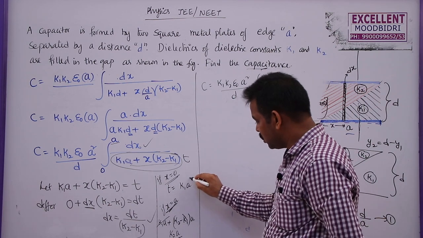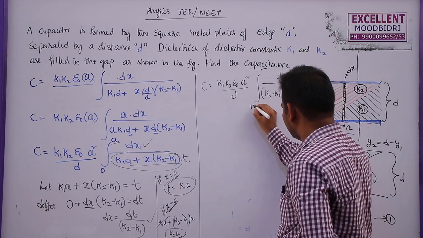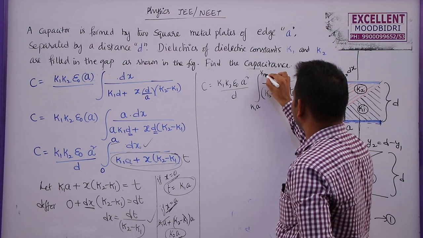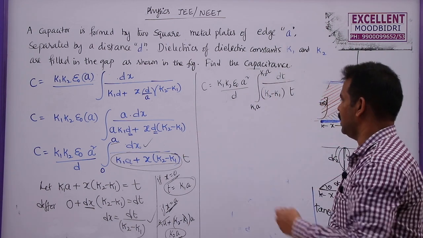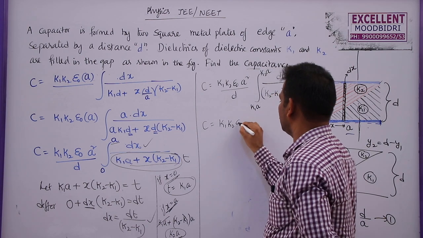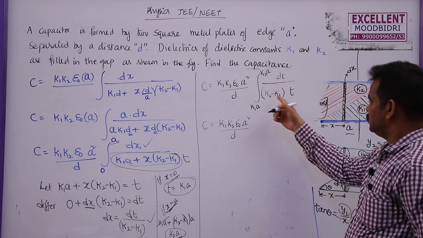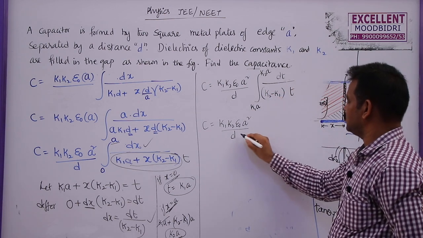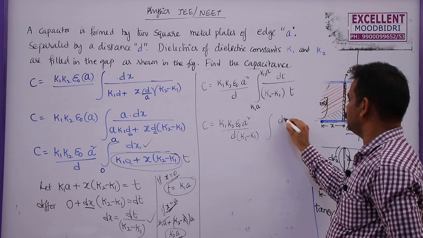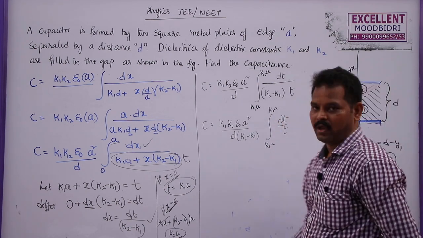This is the upper limit. Lower limit is K1a, upper limit is K2a. Now this will become C is equal to K1 K2 epsilon naught A square by D. This is very simple. K2 minus K1 is also constant. To bring it outside before integration, remaining is integral dt by t with limits K1a, K2a.